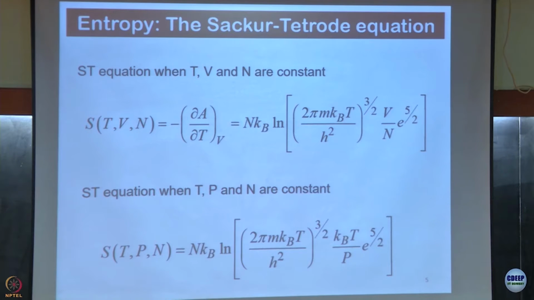Then that becomes 3 by 2, which is why 3 by 2 comes, and the extra term that comes has been absorbed here. Remember ln e to the 5 by 2, what is that? Exactly, 5 by 2. So the 3 by 2 factor is absorbed.